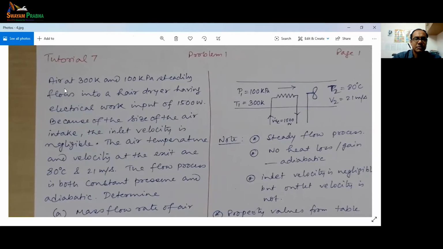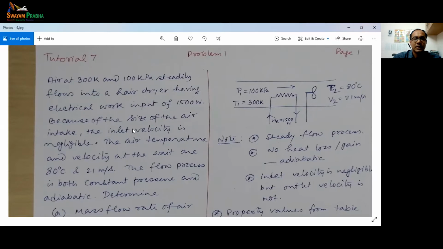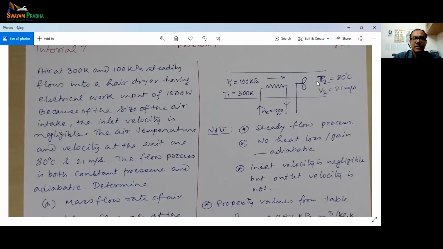So the problem statement is the following: air at 300 Kelvin and 100 kilopascal steadily flows into a hair dryer having electrical work input of 1500 watt. On the right hand side you can see the schematic diagram. This is as if it's a hair dryer circuit.